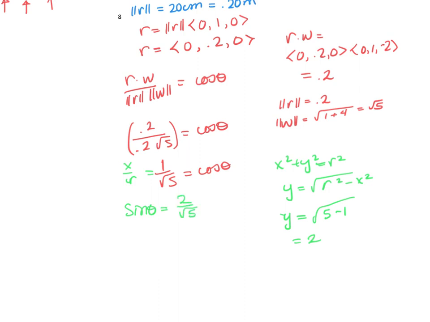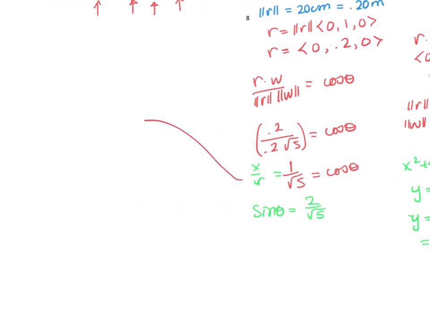Now I could totally also do this by doing the cosine inverse. Right here, I could have said, okay, well, I have the cosine inverse of 1 over the square root of 5, and that's going to give me some value in radians, and then I'm going to say, okay, well, because it's a right triangle, then pi minus whatever that radian was from up above is going to give me my angle for sine, and then I would just find the sine of that angle, which is way more work, I think, than just saying, oh, well, x, y, r is my friend all day long.